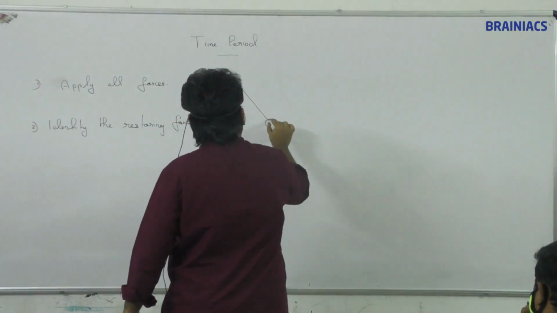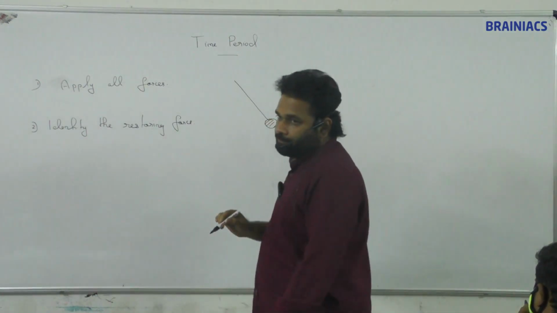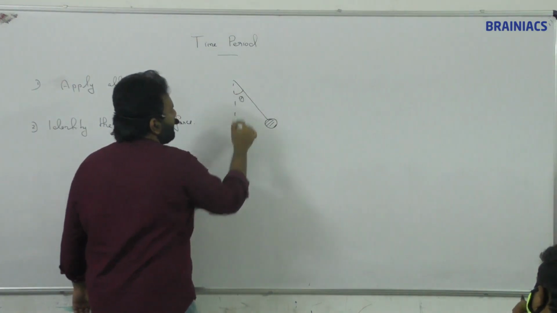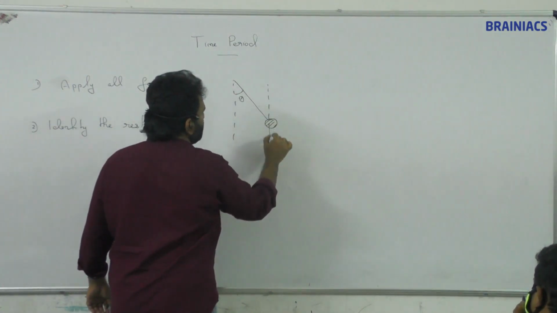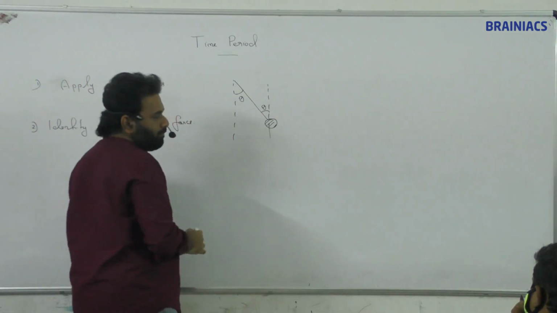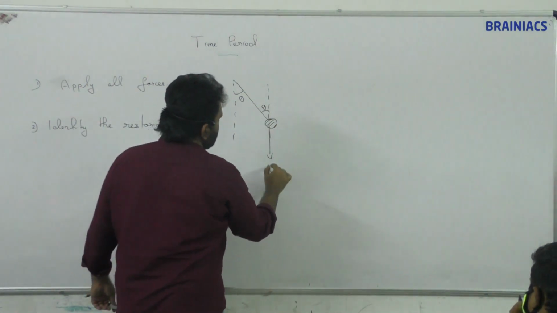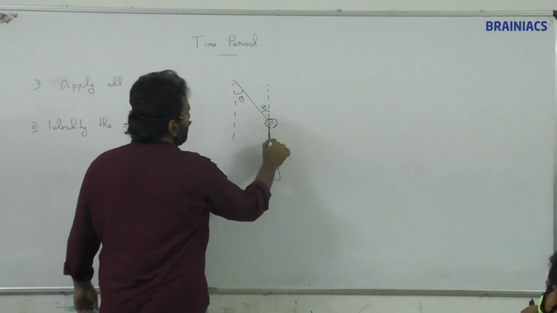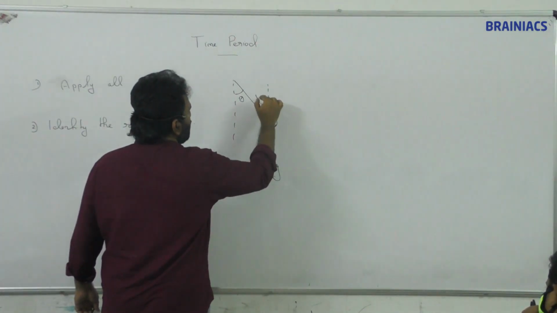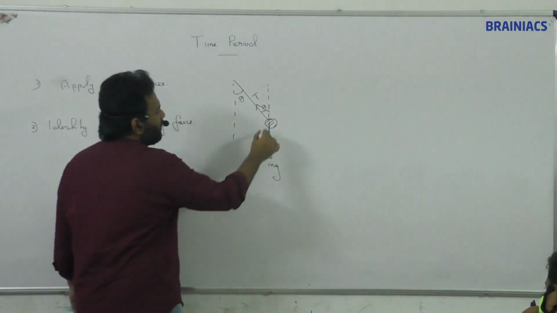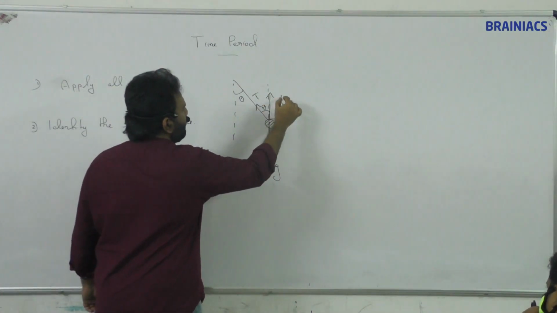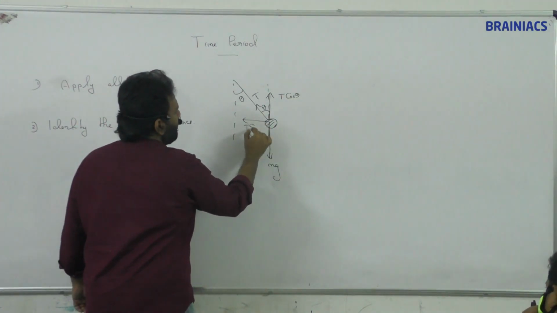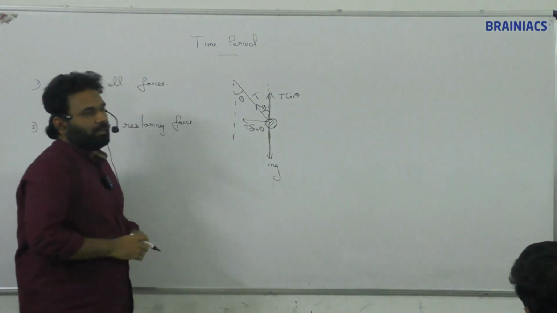Suppose a mass is here, and this angle is theta. This is going to be Mg. Now this is tension T. If we resolve, we will be getting T cos theta and T sin theta.